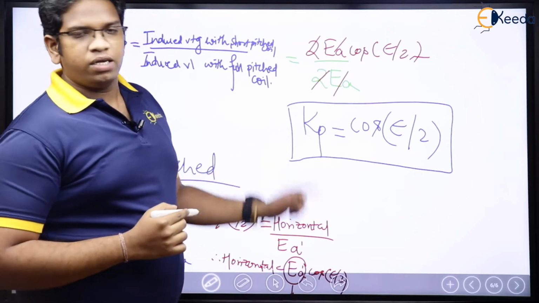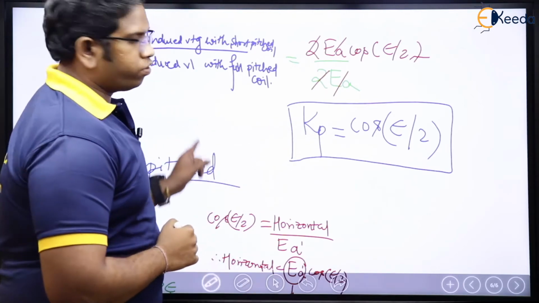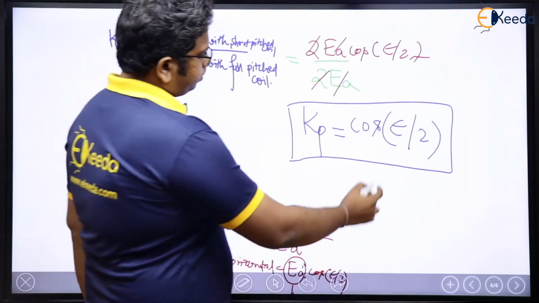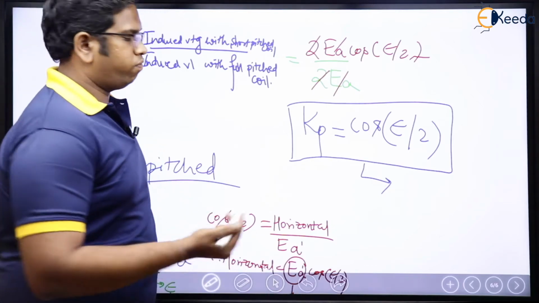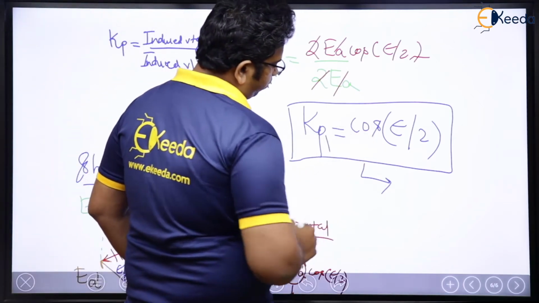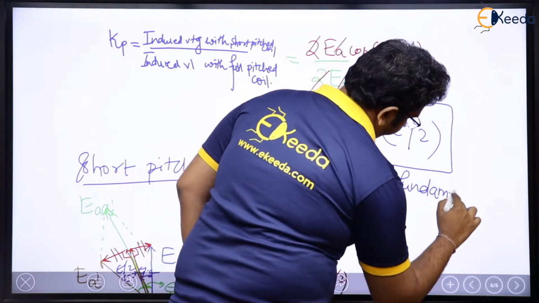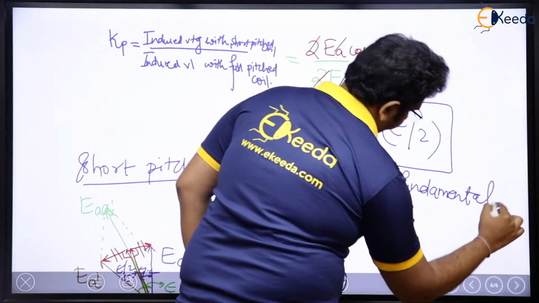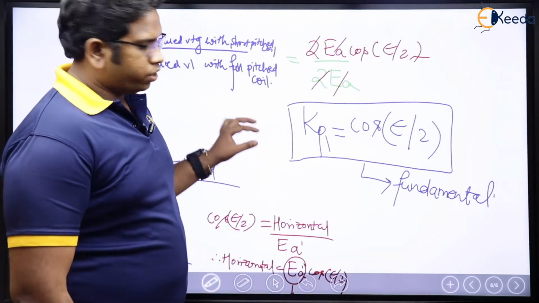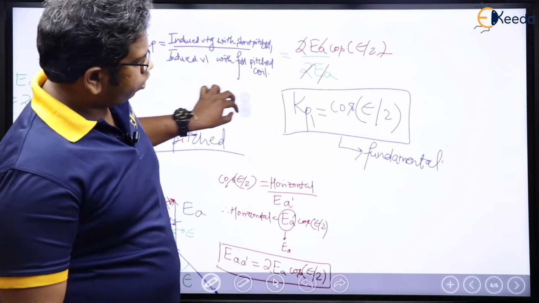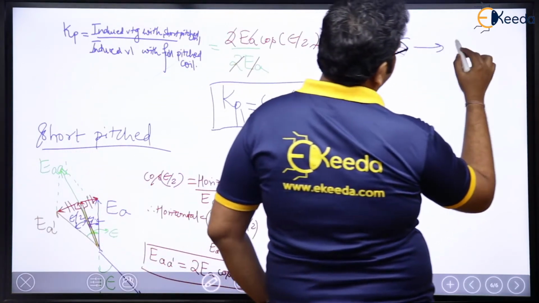This is nothing but the derivation for this equation. But again, if you observe, this particular derivation is calculated for N1 and S1, in the sense fundamental. So this is basically Kp1, for the fundamental. Now, our short pitch angle is epsilon, but that epsilon is for the fundamental.